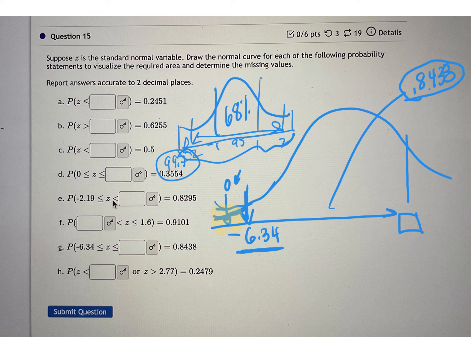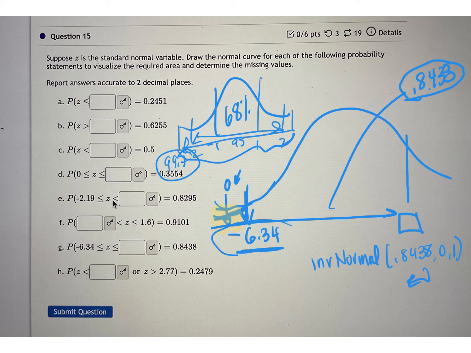But the truth is, this area over here is so small that to 2 decimal places, it is going to make absolutely no difference. So I'm just going to use inverse normal with 0.8438, 0 and 1, and then find the answer. And that's going to make no difference within 2 decimal places.